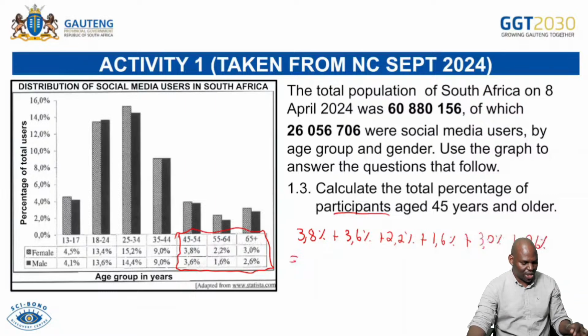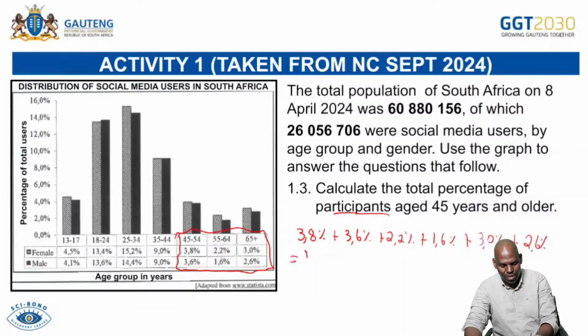Then you can simply take your calculator: 3.8 plus 3.6 plus 2.2 plus 1.6 plus 3.0 plus 2.6. So I'm getting 16.6.